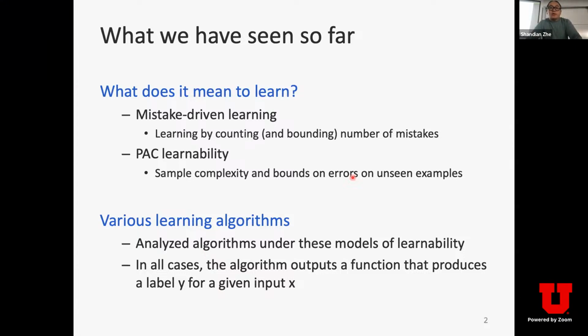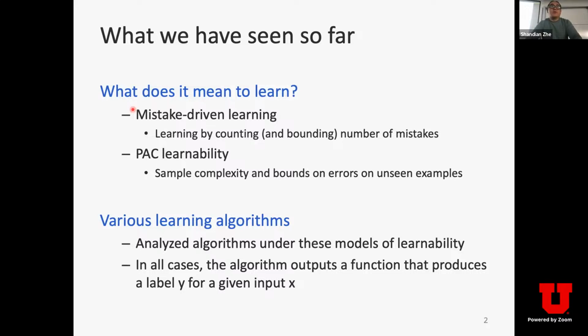To explain why we would like to introduce Bayesian learning, let's see what we have said so far. First, in terms of the objective or the goal of learning, we have talked about mistake-driven learning. We would like to update our model to avoid making mistakes in predicting training examples. A typical example is the perceptron algorithm, which is an online mistake-driven learning algorithm, or least mean square regression.